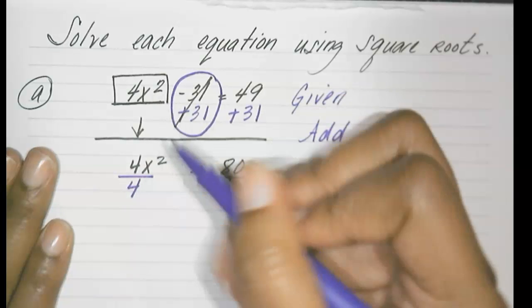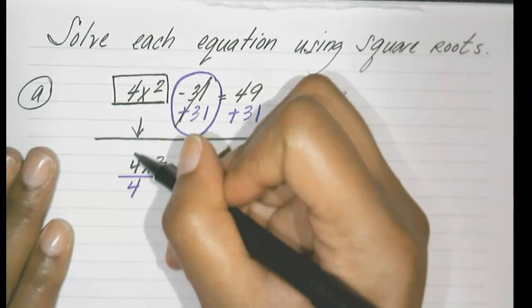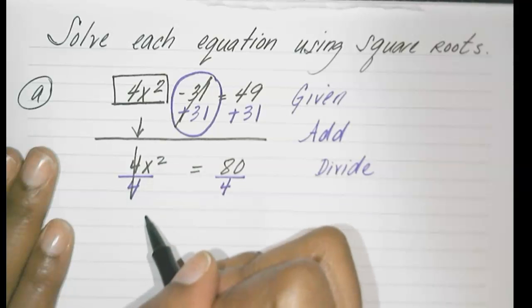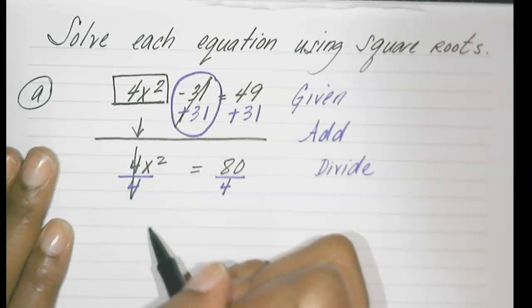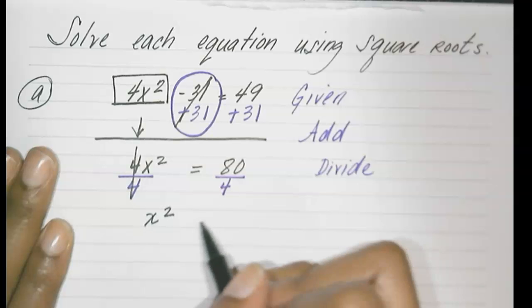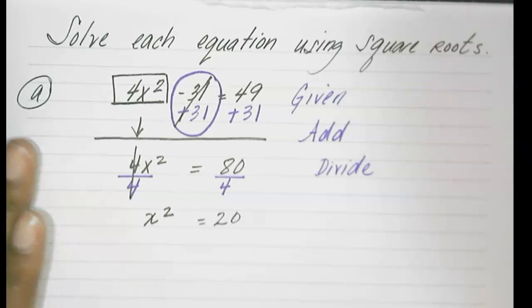You probably said so we can cancel it out. What makes sense? That's a 1 now. Okay, 4 divided by 4 is 1. So all we're left with is 1 times x squared. We're in algebra 2. We're not writing no 1s. So that's x squared equals 20. We got that from dividing.